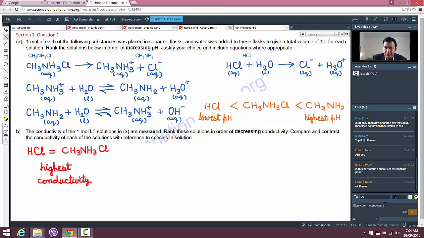It's not a reaction to completion. It largely favors the left-hand side. So the ion concentrations are very small and it will be the lowest conductivity. So that's CH3NH2, which is the lowest. How beautifully logical and simple this all is. You just need to understand the principles and apply logical thinking.